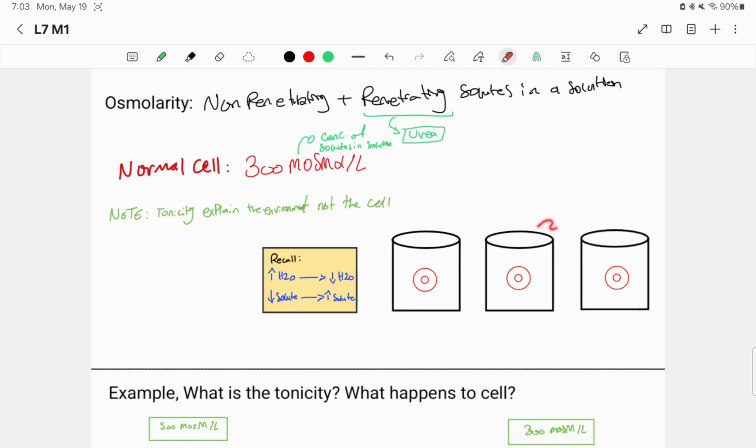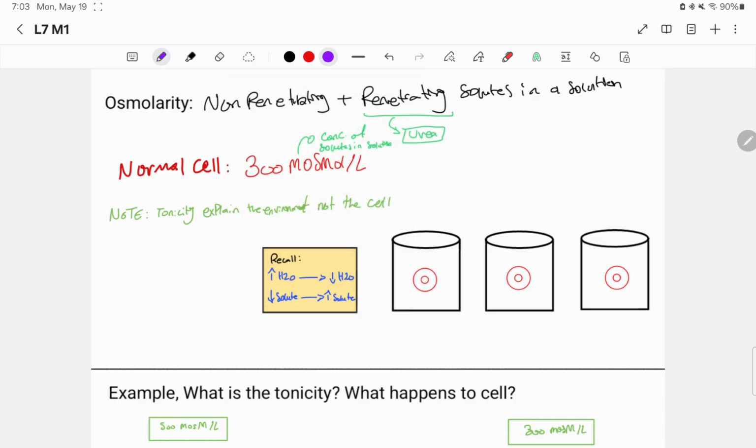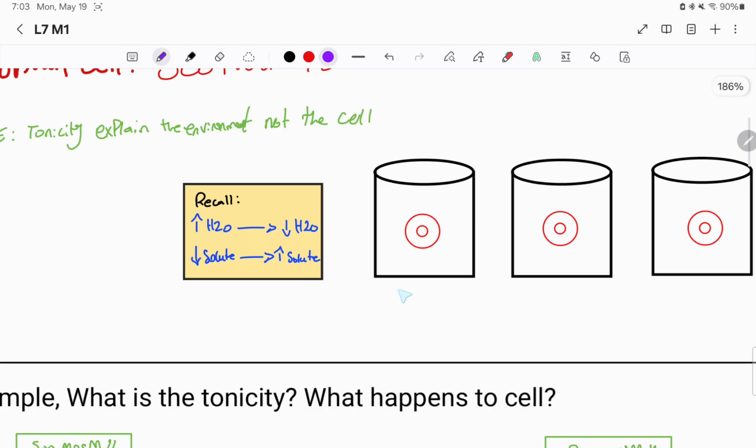Now let's go through a very simple example to show you what I mean when I say that non-penetrating solutes can affect water movement. So let's say we have a red blood cell, and this red blood cell will be placed in 3 solutions of varying concentrations, of varying tonicities. The tonicity outside of the cell here will be 300 milliosmoles per liter.